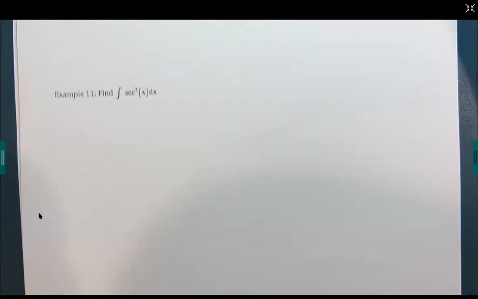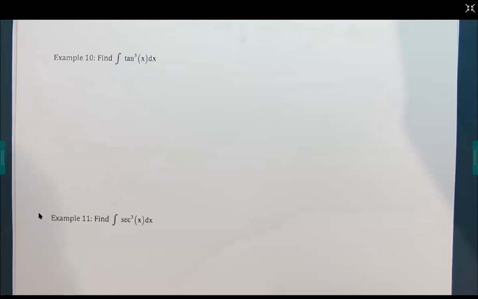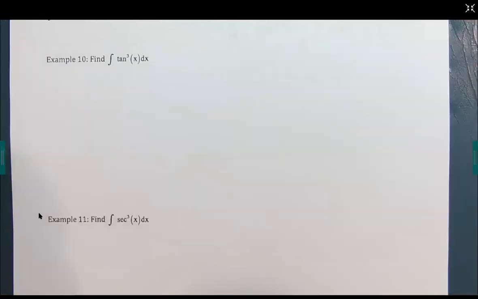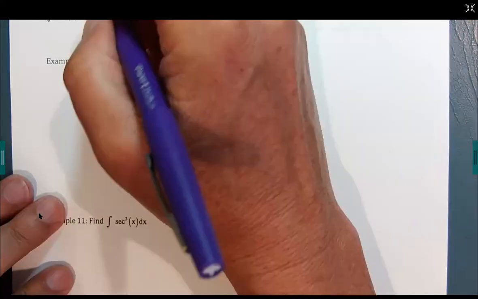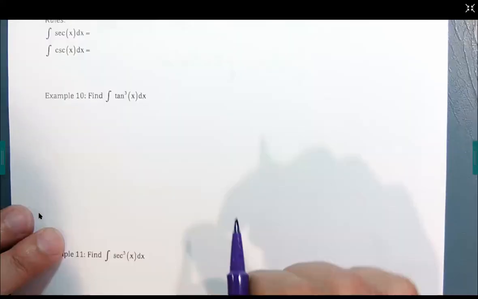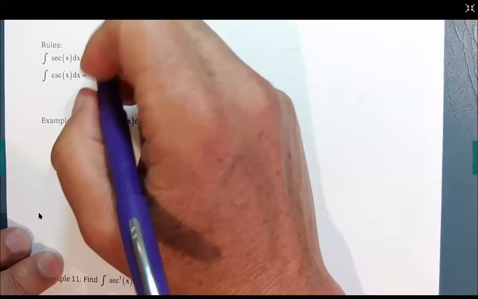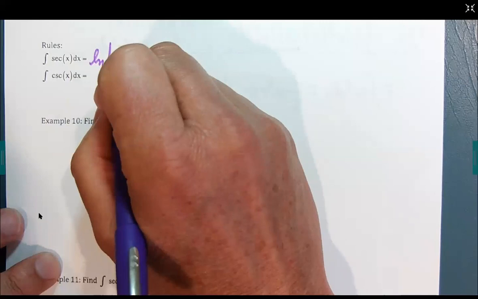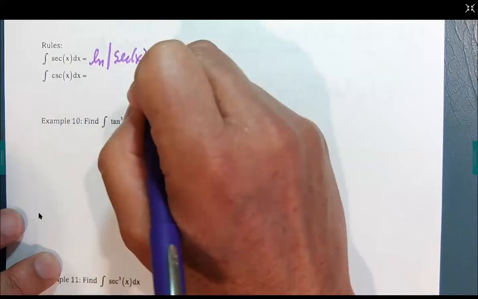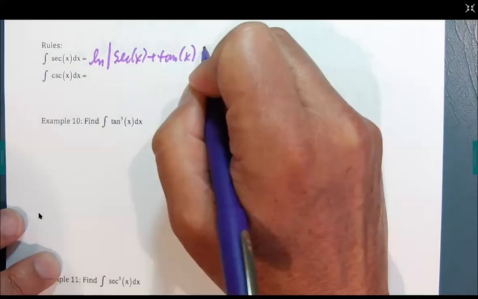So next up is tangent to the third. But before we do that, we have a couple of rules we've got to keep an eye on. The integral of secant becomes the natural log, absolute value of secant x plus tangent x plus c.